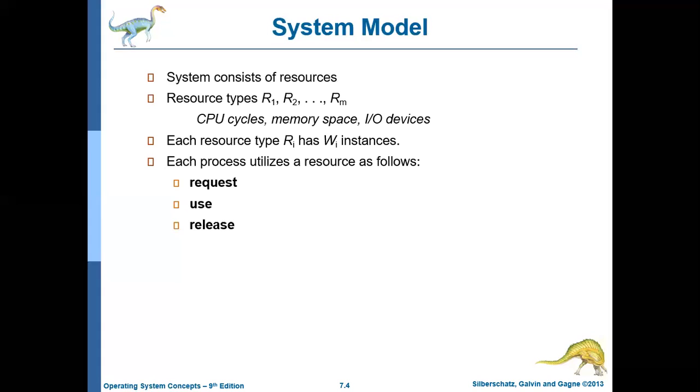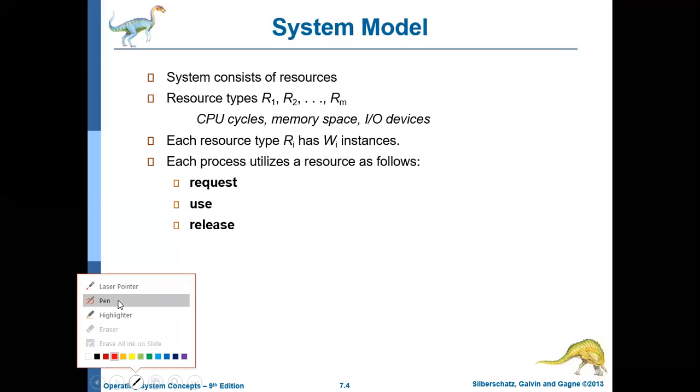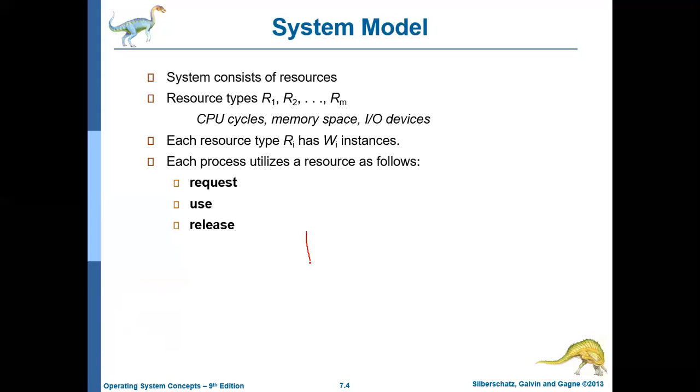Now let us see why deadlock occurs and an example of a deadlock. Assume that my computer, a PC or laptop, is connected with one printer and one scanner. So there is a resource printer, and we have only one instance. Similarly, there is a resource scanner, and we have only one instance.